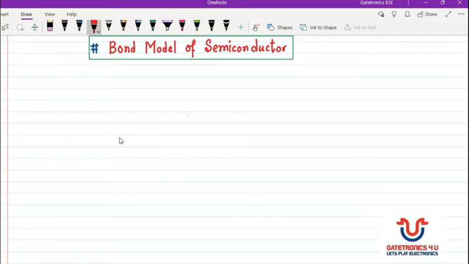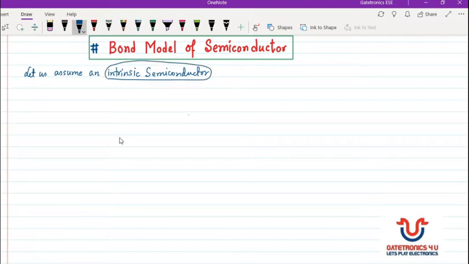To explain the bond model of semiconductor, we will take an intrinsic semiconductor. Let us assume an intrinsic semiconductor. So what does this intrinsic semiconductor mean? It means it is a pure semiconductor material.